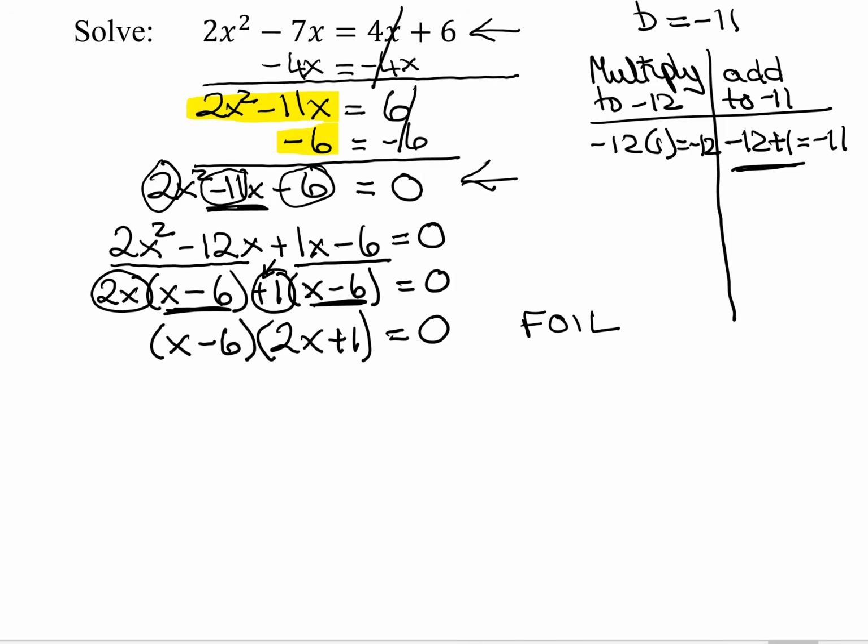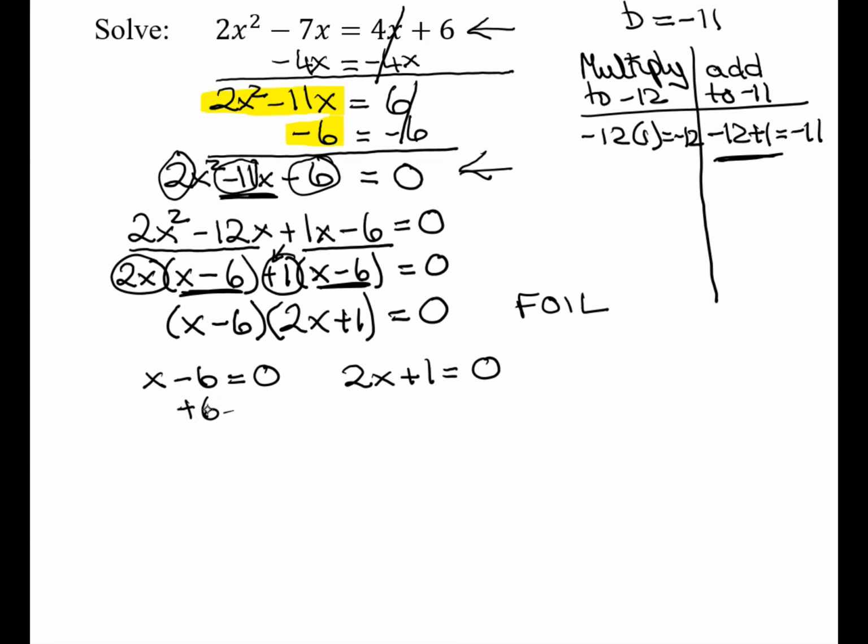So now what we have to do is we're going to use the zero product property that says if two quantities multiplied together equals 0, at least one of them has to be 0. So we set each factor equal to 0. And now notice I have two simple little linear equations. So we're going to add 6 to both sides of the first equation. And I get x equals 6.